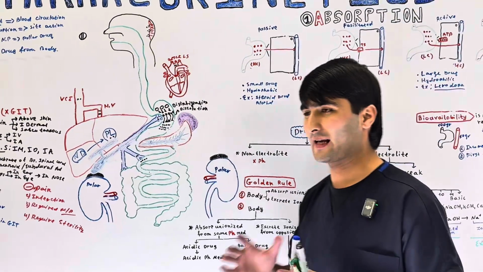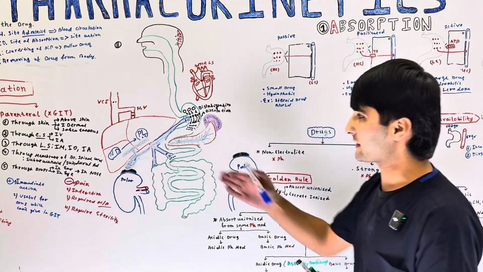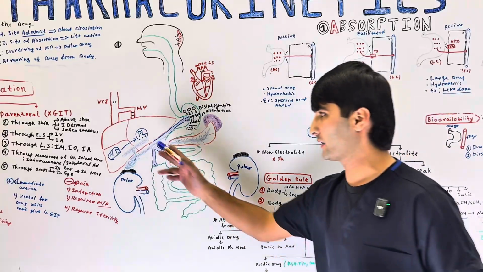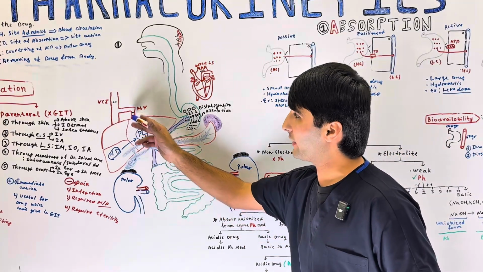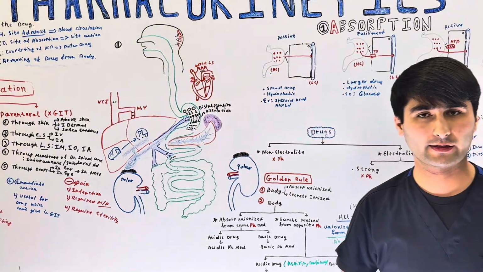In the liver, there are some enzymes, for example cytochrome P450. They can slightly change the chemical structure of the drug. Then from the liver, it goes to the hepatic vein, to the inferior vena cava, then to the systemic circulation.